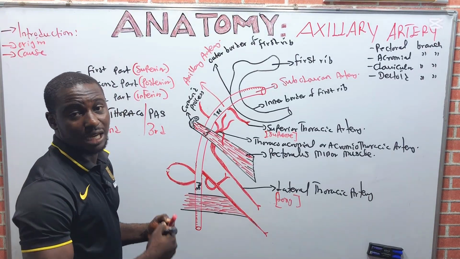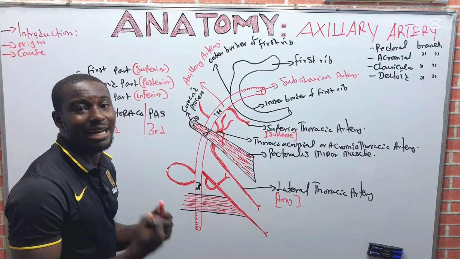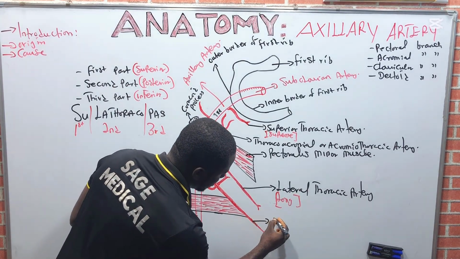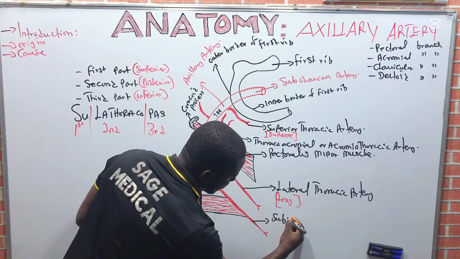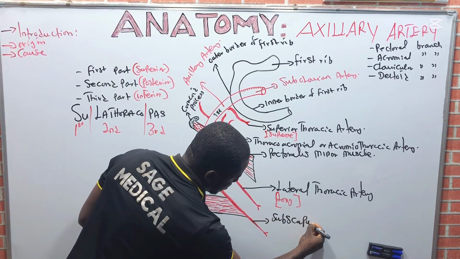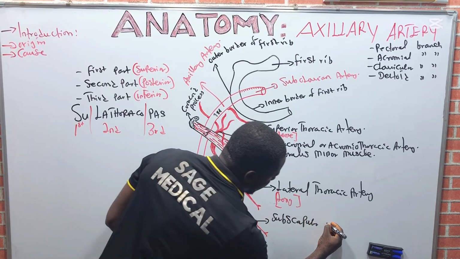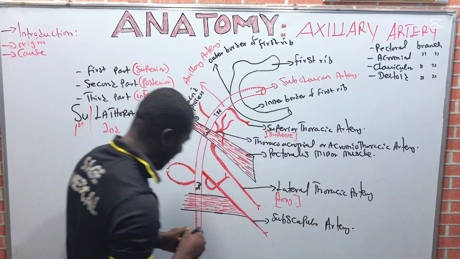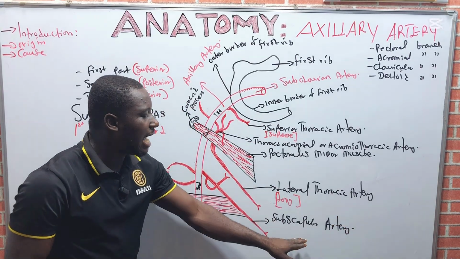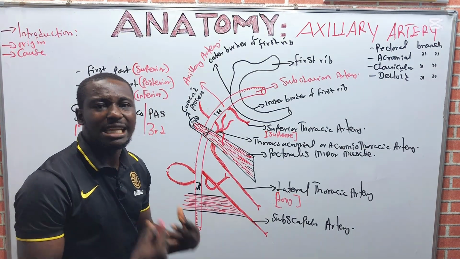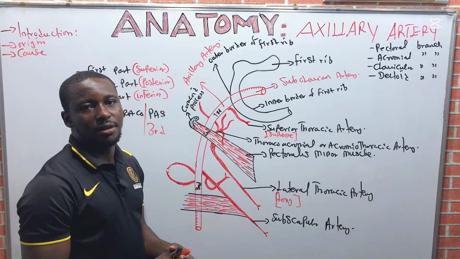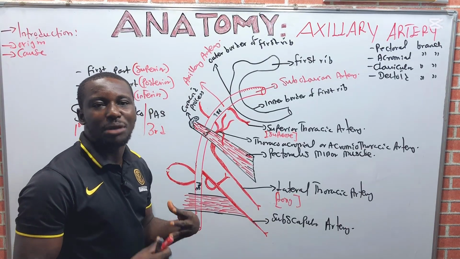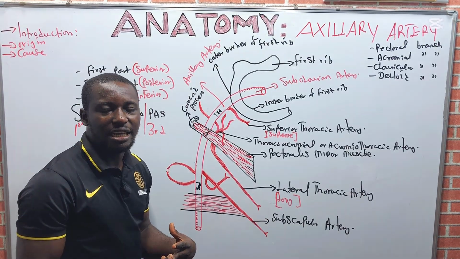The first one we shall be discussing is the largest branch of the axillary artery, called the subscapular artery. Look at it here. The subscapular artery is the largest branch of the axillary artery.